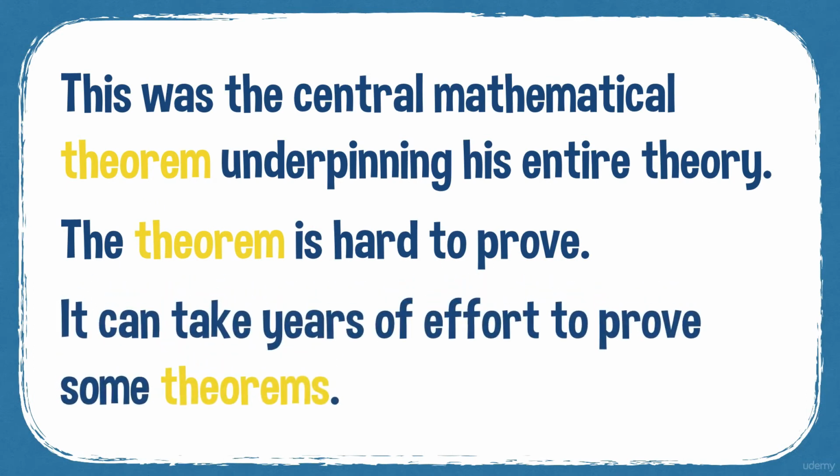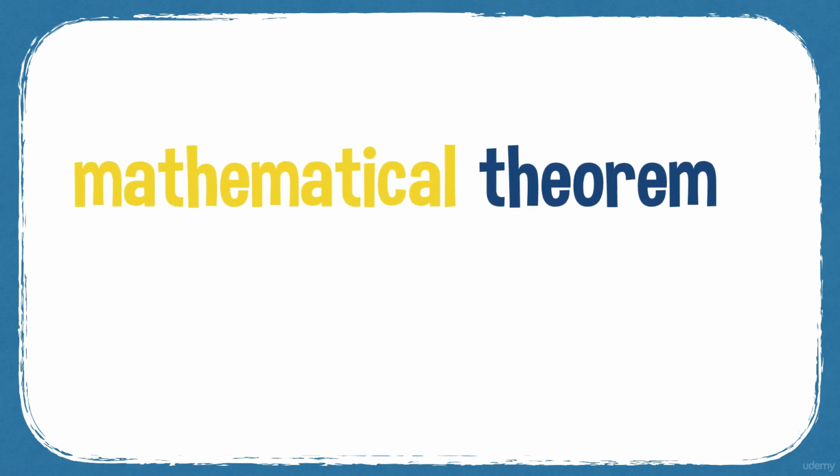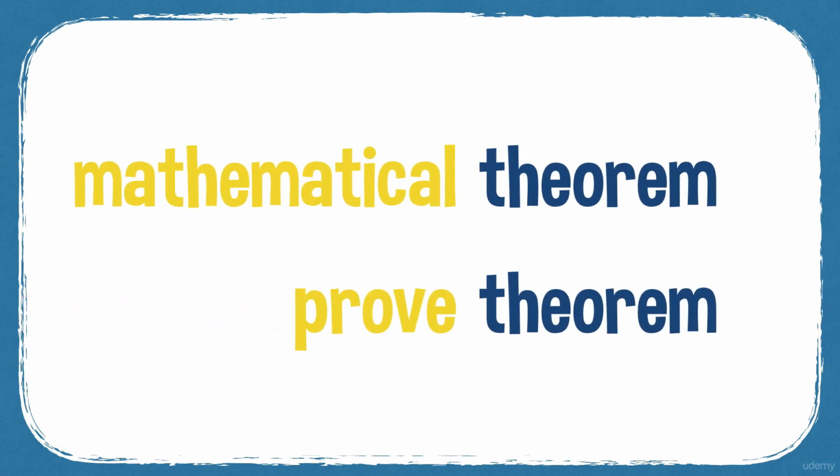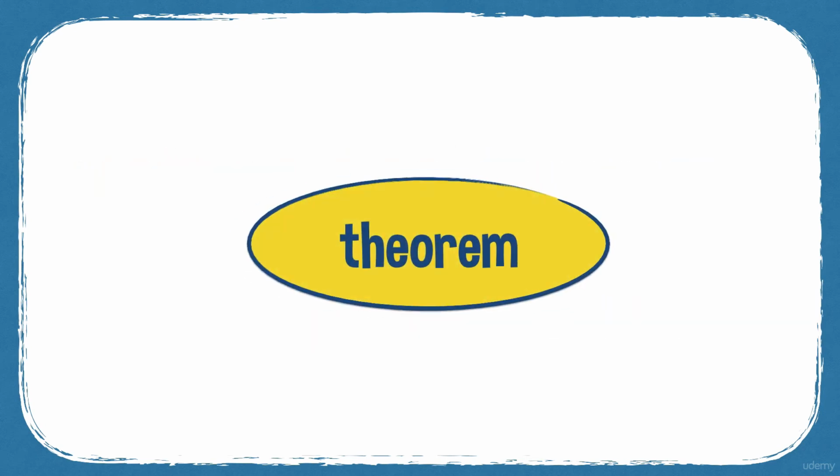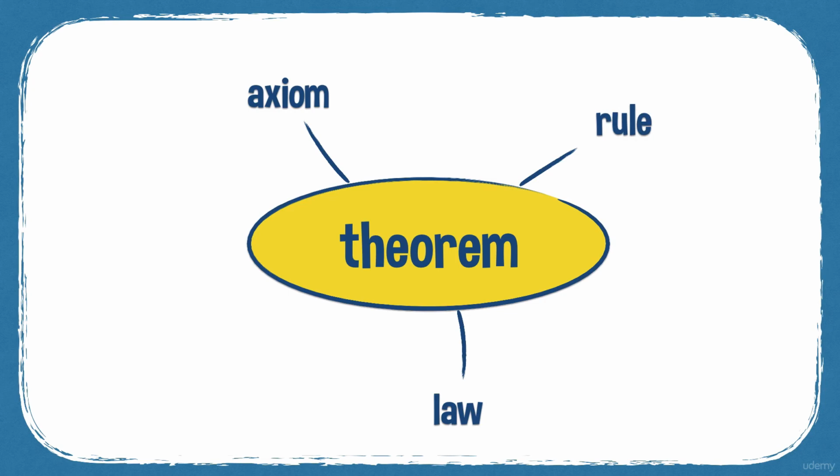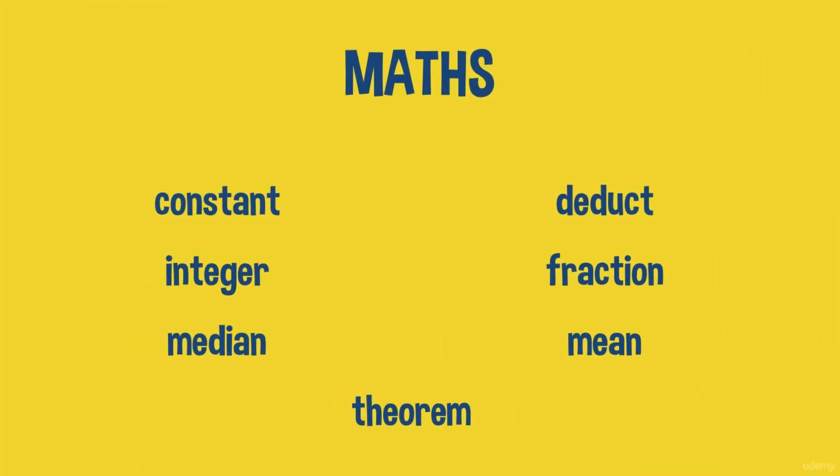It can take years of effort to prove some theorems. So you can have a mathematical theorem, and we often talk about proving a theorem. You prove a theorem. And some synonyms: axiom, law, rule. So there are your 7 maths words: constant, deduct, integer, fraction, median, mean and theorem.